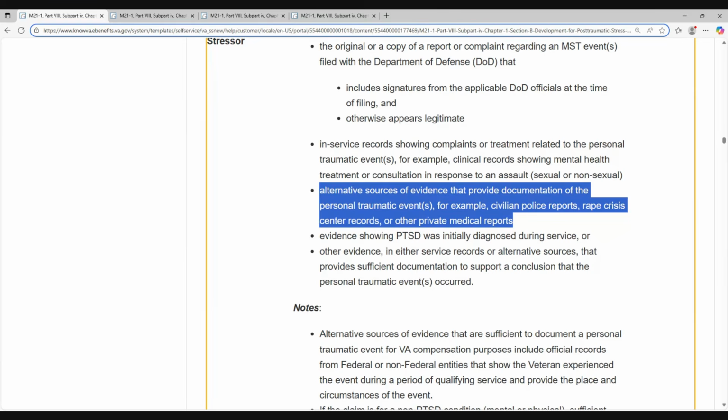Just keep in mind that if you do have an individual speak on your behalf, they were at, or observed, or have direct firsthand knowledge of the event in service, be it MST or personal trauma.